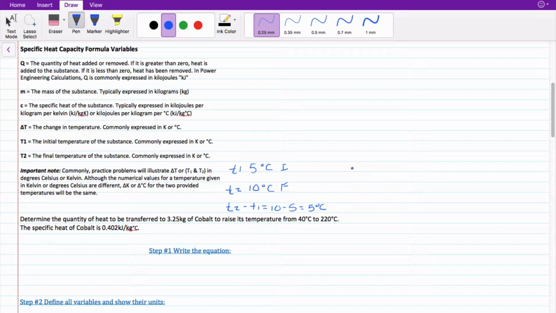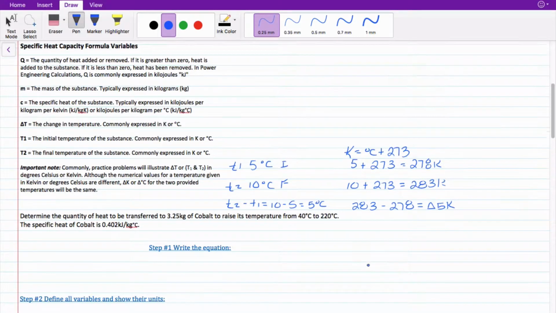If this was converted to Kelvin, your T1 would be 5 plus 273, that's 278 Kelvin. Your T2 would be 10 plus 273, that's 283 Kelvin. So 283 minus 278 gives you the same delta of 5 degrees. And remember, Kelvin is your absolute temperature, so Kelvin equals degrees C plus 273.